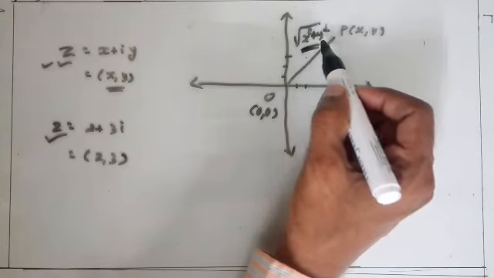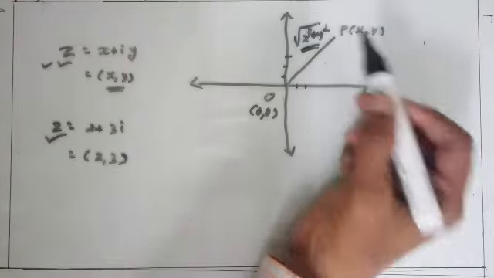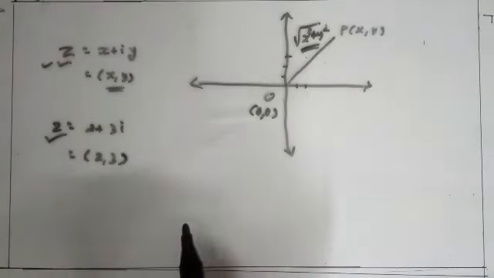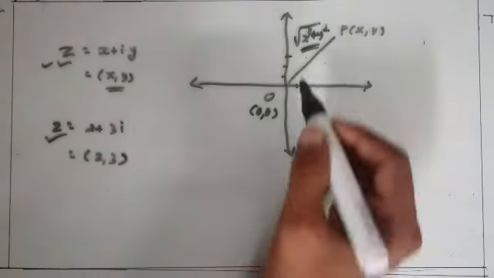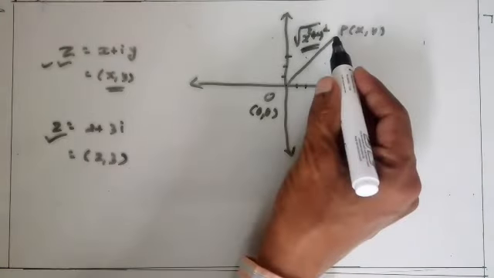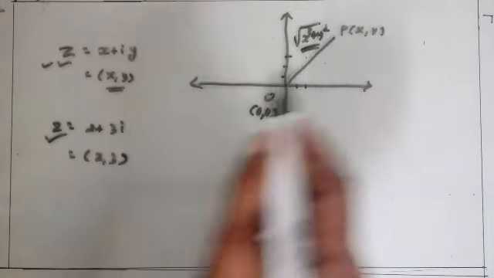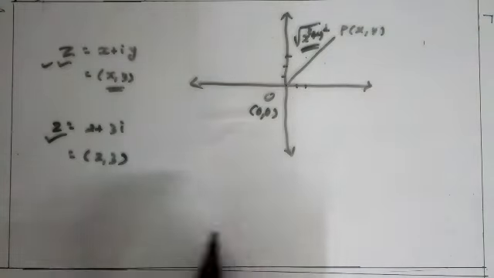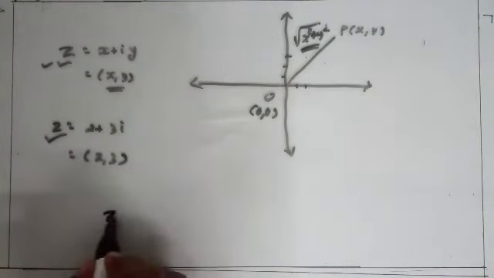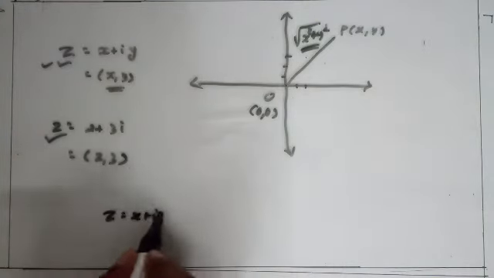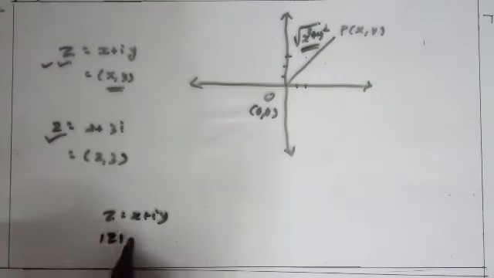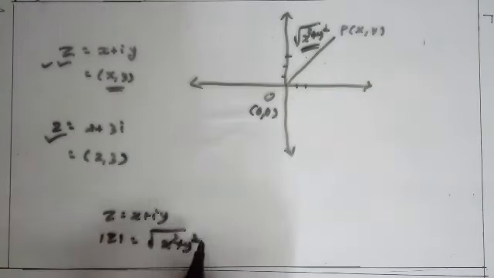This is the magnitude or modulus of the complex number z. Clear? So OP gives the magnitude of the complex number z = x + iy. We know that for z = x + iy, the magnitude of z, mod z, is equal to the root of x square plus y square. Clear?